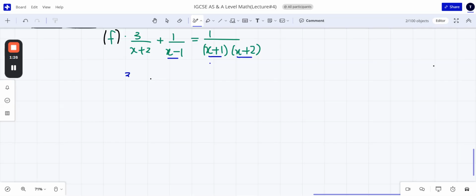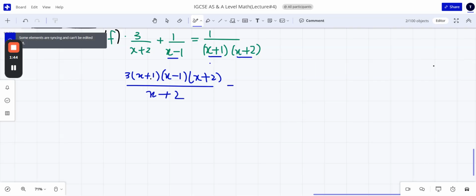So now 3 into x plus 1 into x minus 1 into x plus 2 divided by x plus 2, then plus 1. Multiply any value by 1 and it would be the same value, 1 will not change the value.